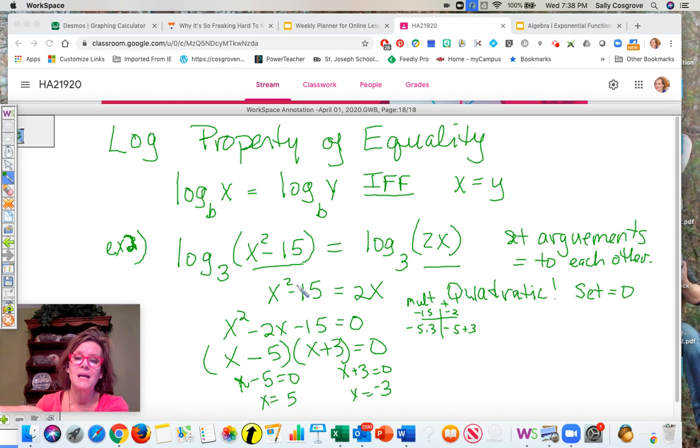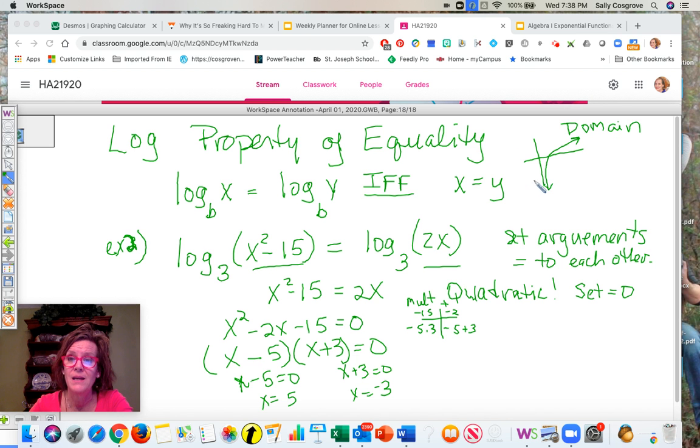And one of the things we need to remember from our parent function is the domain of logs. If you remember, the graph of the parent function of a log looks something like this, doesn't it? And look over here. What's happening in negative x land?